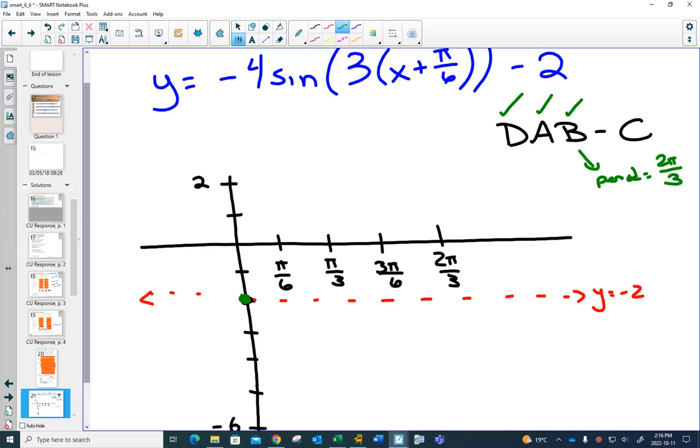So we go middle to minimum, back to middle, to maximum, back to middle. And we've now done the C.